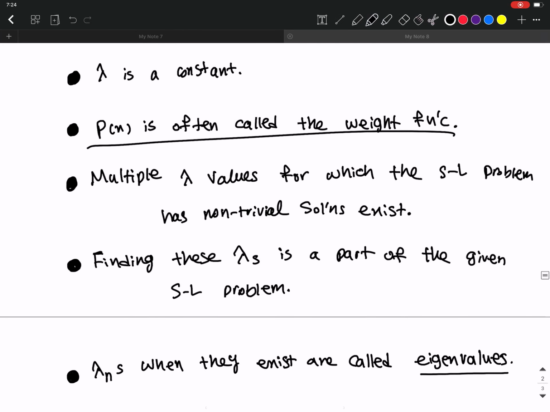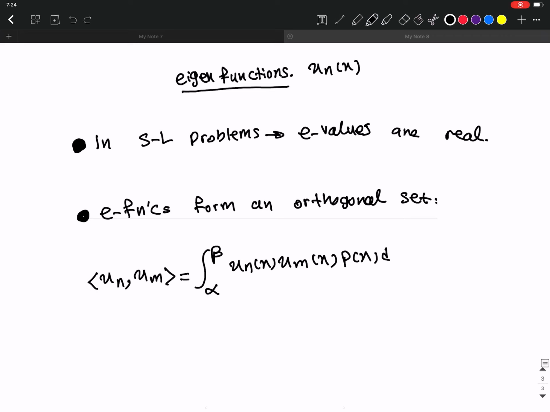P is called the weight function, is going to be 0. Okay, so these eigenfunctions that we are going to find to solve this Sturm-Liouville problem are going to form an orthogonal set in which we have this formula. The inner product of those eigenfunctions is going to be 0.